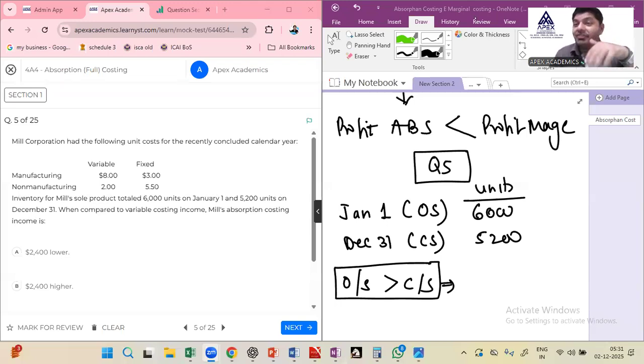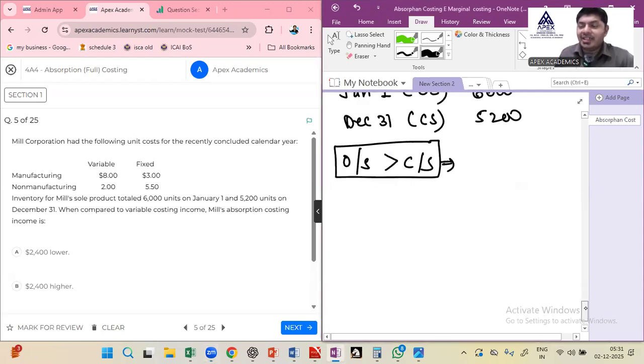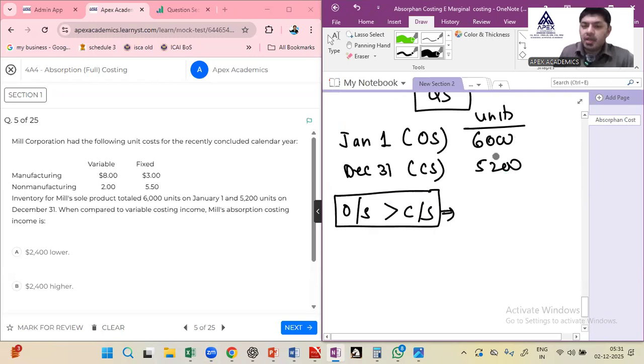Now the question that we have to ask ourselves is, by what amount is this profit higher? So first of all, we have to make a basic calculation. The basic calculation is very simple. Take the difference between the inventories. Over here, since opening stock is greater than closing stock, I know that my profit under marginal costing is greater than my profit under absorption costing.